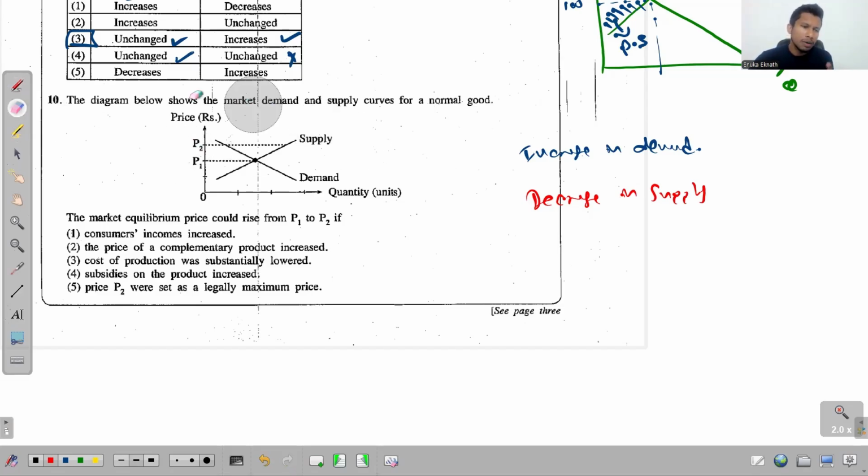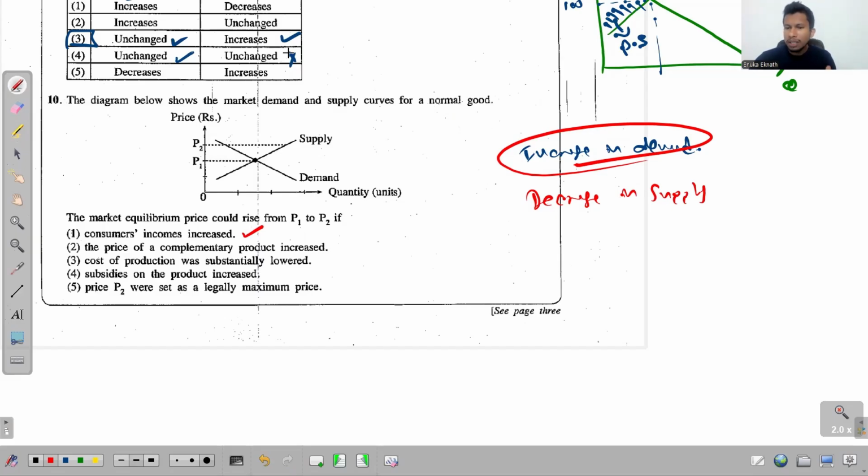Now what we need to understand is which of the options here causes one of these two. Consumers' income increase. So this is a normal good. If it's a normal good, when consumers' income increases, what happens to the demand? The demand increases. So that is what we wanted, so this is the answer for this question.